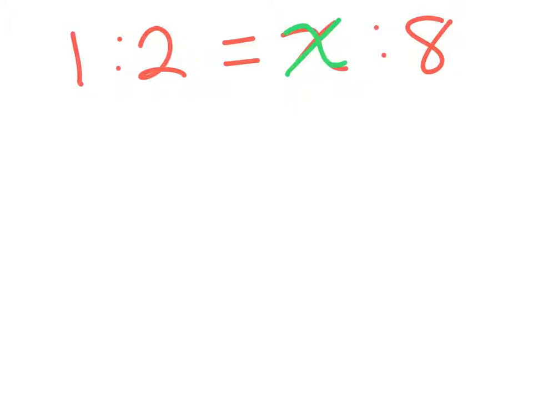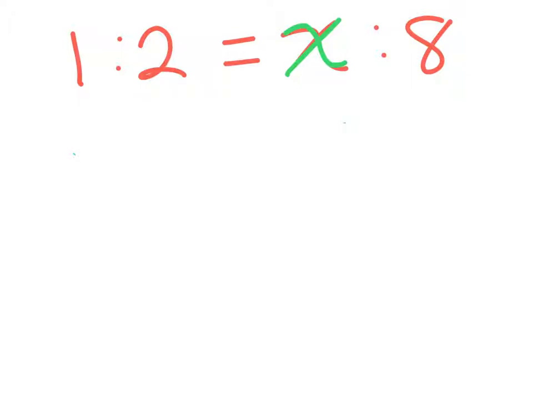So in other words, let's think about the relationship over here on the first side. 1 is to 2, well, 1 is half of 2. So therefore, whatever this number is over here must be half of 8. So that's one that we could probably do in our head. We definitely know that this is going to be 4. We also know it's going to be 4 based on the fact that we saw this proportion earlier, just a couple minutes ago.